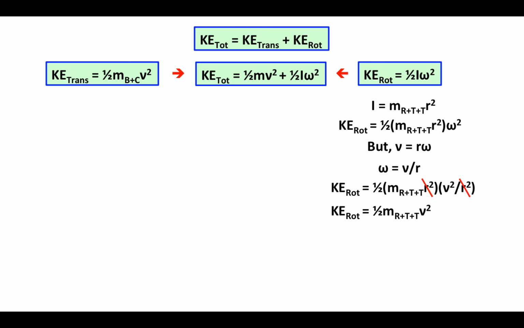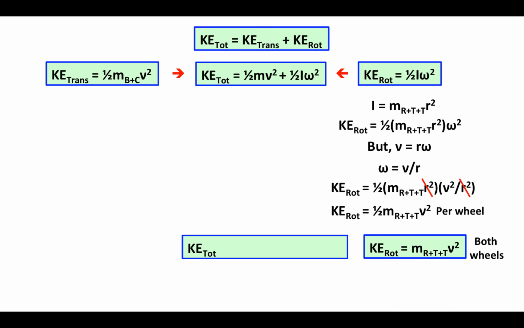The rotational energy just becomes 1/2 the mass of the combination of the rim, tire, and tube times the velocity squared. That is going to be per wheel, so I just multiply that by 2, which removes my 1/2, and that gives me the rotational component for both wheels at the same time.